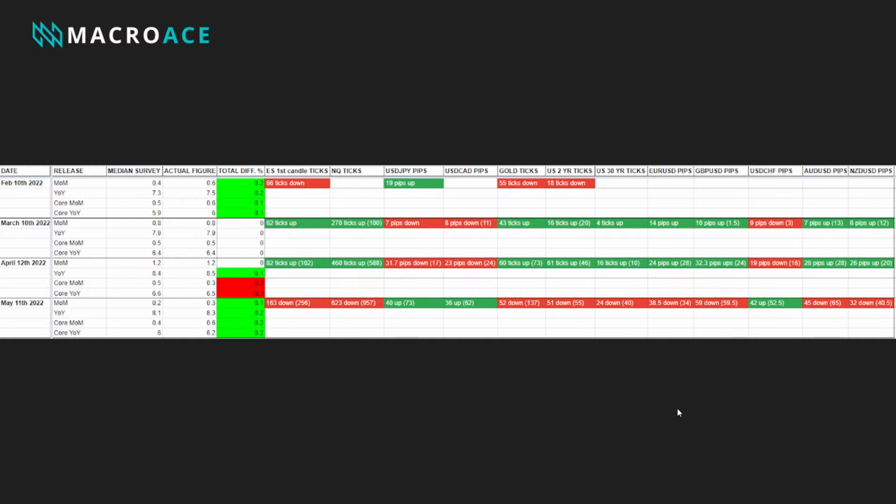But I think with the yen being at such a weak place as it is at the moment, that's one thing we've got to be aware of, that potentially that could be the strongest reactor. We could see the strongest reaction in the dollar yen for this release. But that again is something we had seen yesterday from the ECB rate statement.